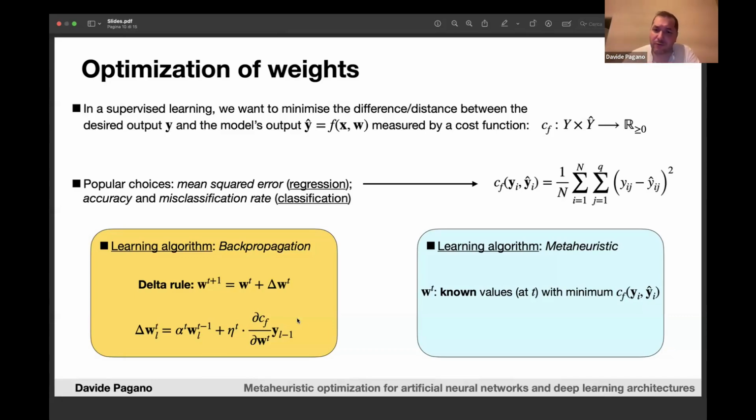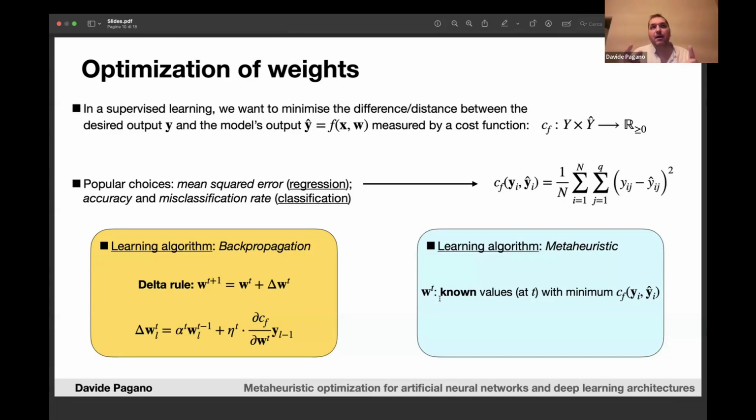On the other hand, if we choose a metaheuristic approach, there is a big difference, because the weights at iteration t cannot be computed from the weights at iteration t minus 1, because of the heuristic nature of the algorithm.